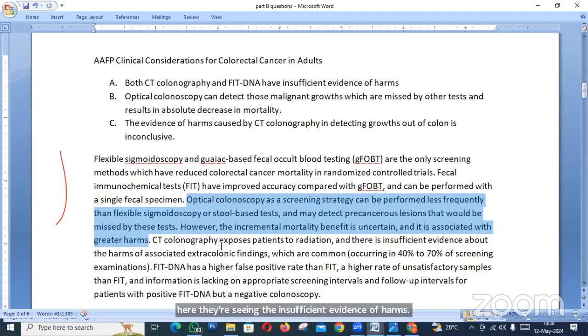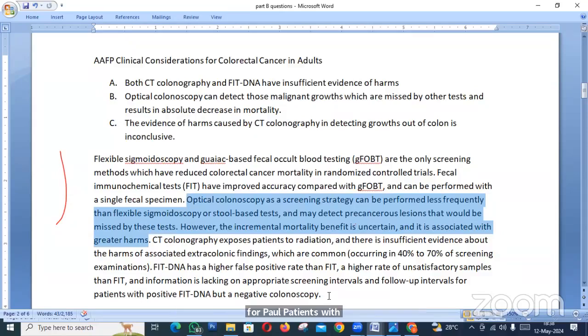But if you read CT, this one exposes the patient to radiation, and there is insufficient evidence about the harms of associated extracolonic findings, which are common. FIT DNA has a higher false positive rate than FIT and a higher rate of unsatisfactory samples than FIT, and information is lacking on appropriate screening intervals and follow-up intervals for patients with positive FIT DNA but a negative colonoscopy.